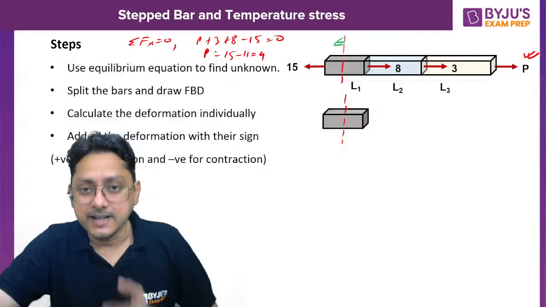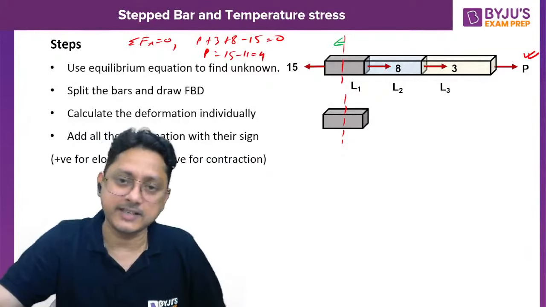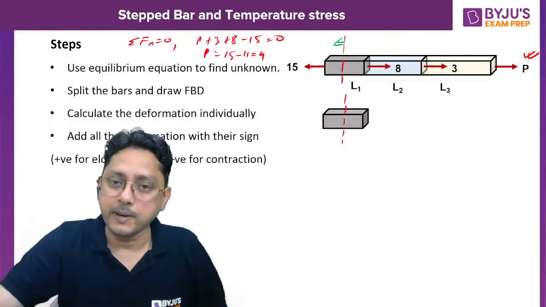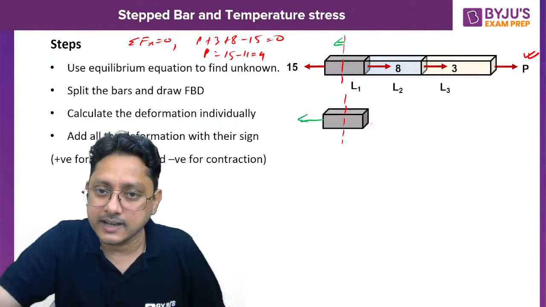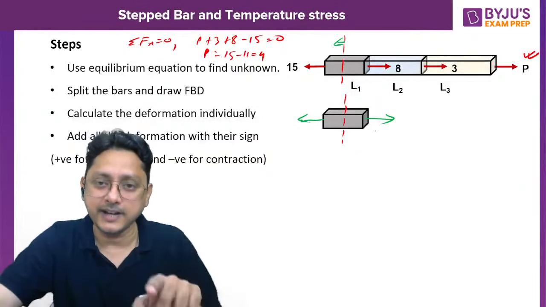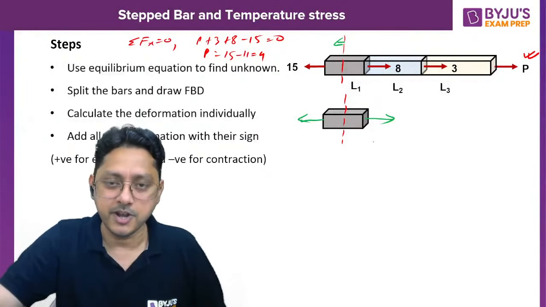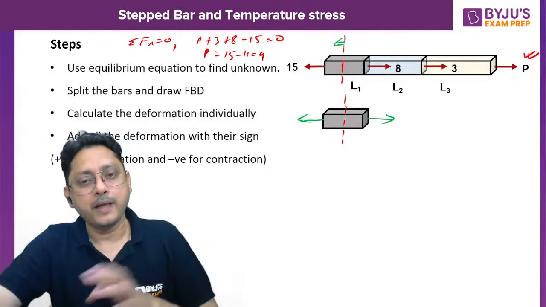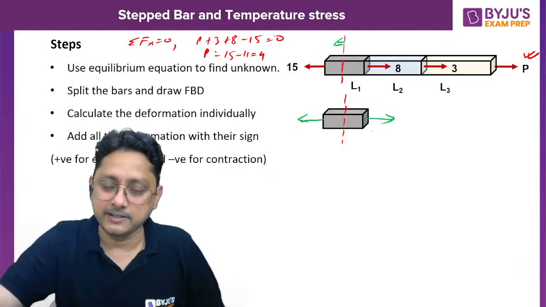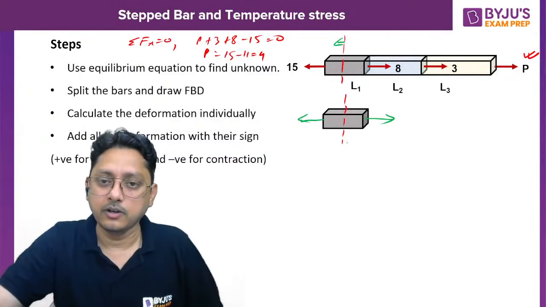Because the whole structure is under static equilibrium, so the piece is also under static equilibrium. Whatever forces are acting towards the left side must be equal to the right side. Then only this piece is under static equilibrium. That is why I am saying to add all the forces either towards the left side or the right side.